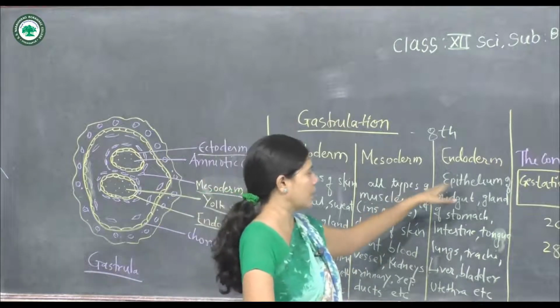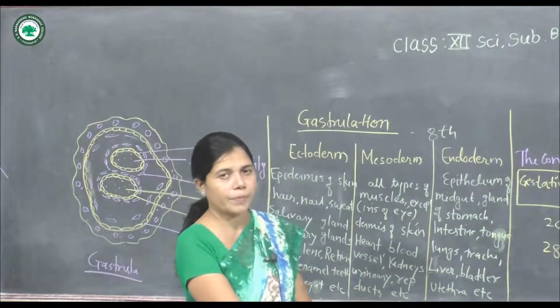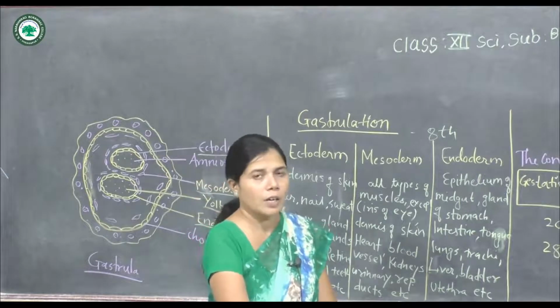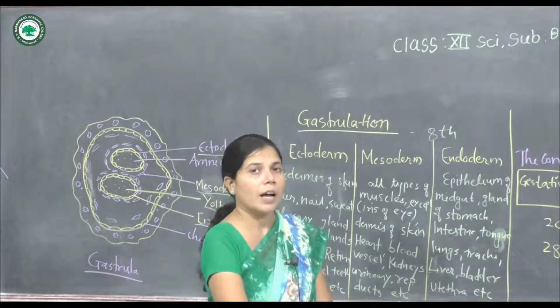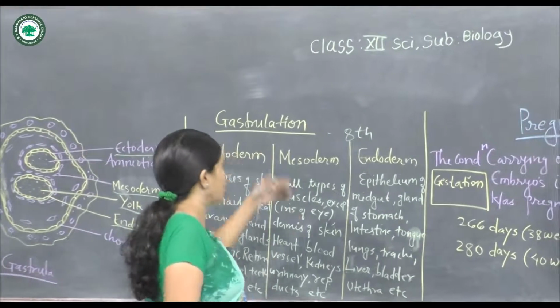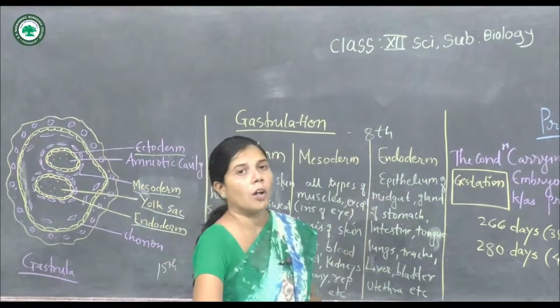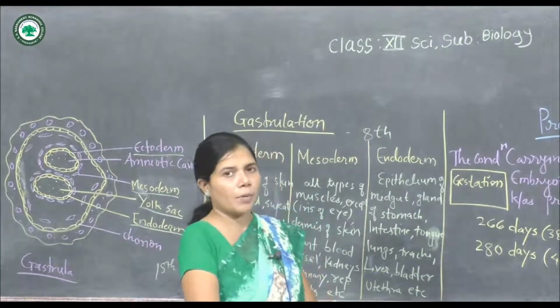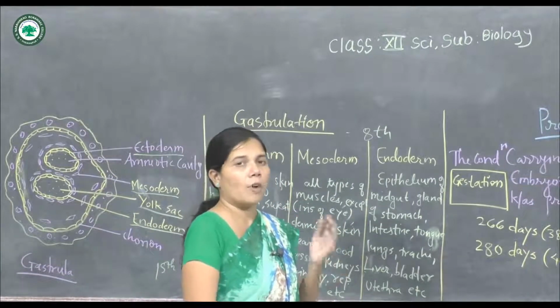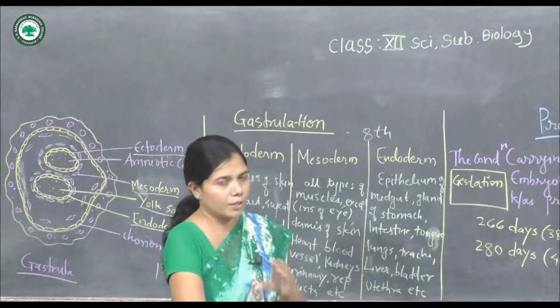So in organogenesis, the organs are formed from these three germinal layers, ectoderm, mesoderm and endoderm, after the gastrula.